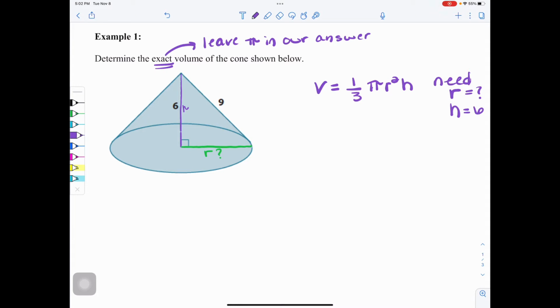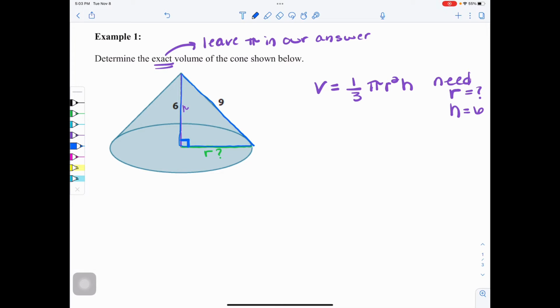So here's why this is a multi-step problem. I need to find the radius first before I can move forward and actually find the volume of my shape. So looking at that picture, I'm hoping that you notice something that we've discussed before. Here's that box that indicates that we actually have, as I'm tracing in blue, a right triangle where we know 2 of the sides and we don't know the third.